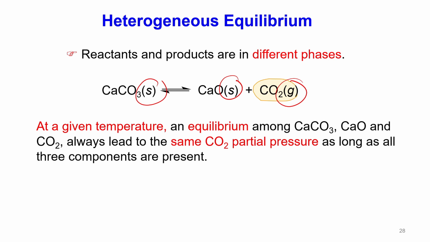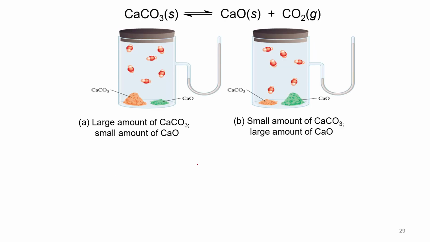So at a given temperature, an equilibrium among CaCO3, CaO and CO2 always leads to the same CO2 partial pressure as long as all three components are present. So this is the large amount of CaCO3, small amount of CaO. Then for figure B, small amount of CaCO3 and large amount of CaO.